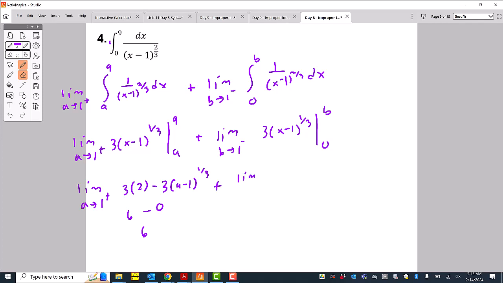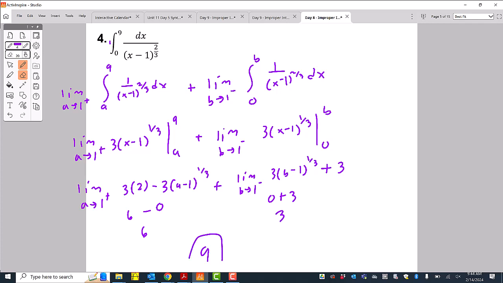Plus the limit as b approaches 1 from the left of 3 times b minus 1 to the 1/3, minus, plug in 0, that's -1 to the 1/3 is -1, times 3 is -3, so plus 3. Approaching 1 from the left gives us 0, so that becomes 0 plus 3, which is 3. 6 plus 3 ends up giving us 9. So that's that one.